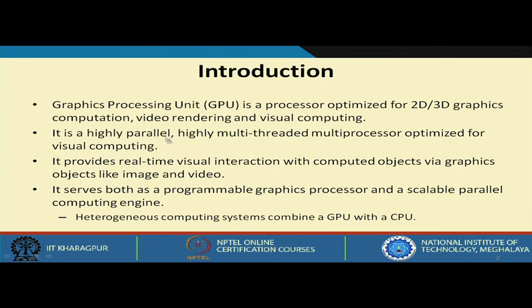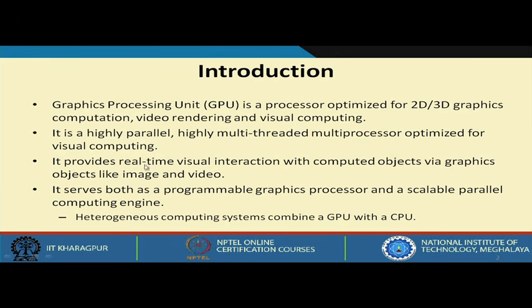So, GPU is like a very highly parallel computer architecture which resembles the SIMD or single instruction multiple data kind of processing, where there are a number of simple processors which are under control of a single control unit. So, the idea is something like that. So, with the help of very specific instructions, it can provide real time rendering of videos and similar applications. So, it can process image, it can process video.